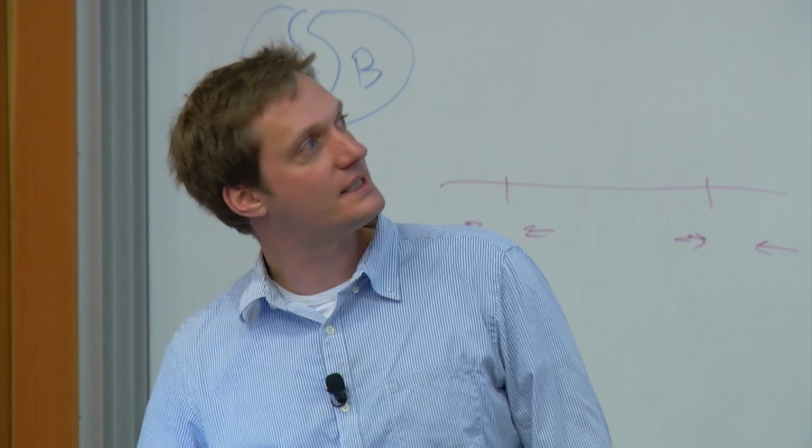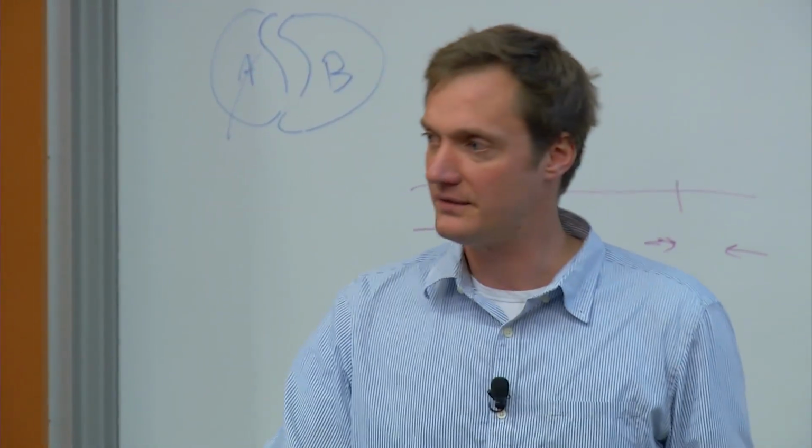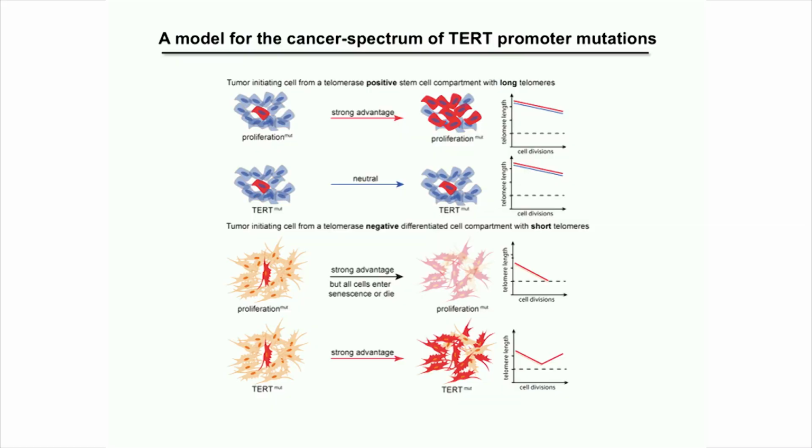And I think that this is highly relevant for cancer, because it means that a single non-coding mutation in the promoter of TERT is highly likely to immortalize human cells.